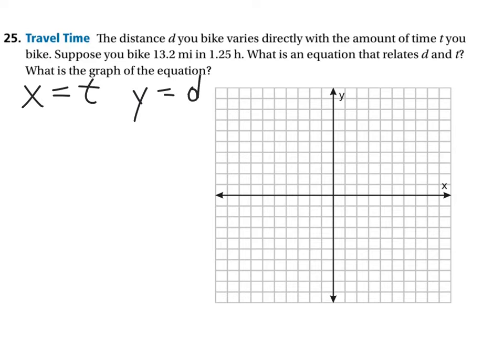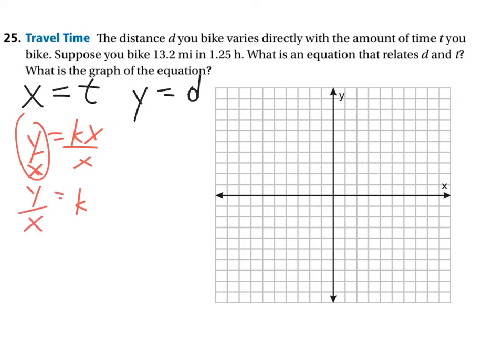the vertical axis in this case. The reason I'm saying that is because we've got this direct variation equation, y equals kx. If we wanted to find that k value, we would need to divide both sides by x, and you would find that k is equal to y over x.